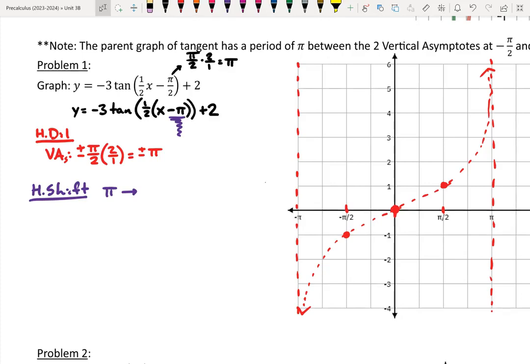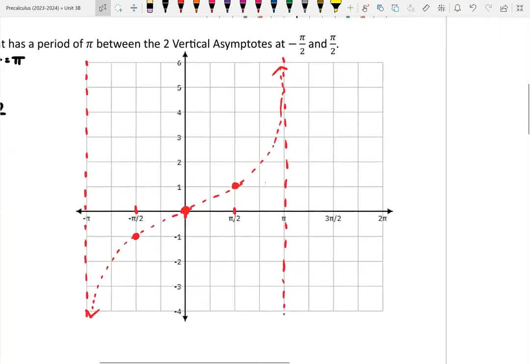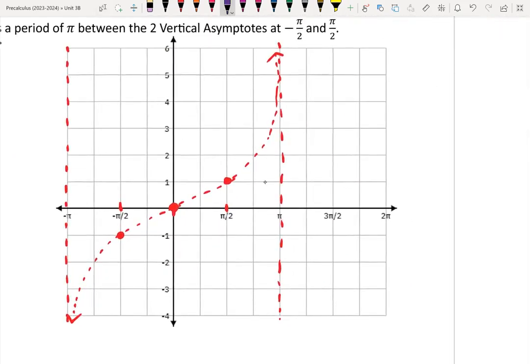Everything's going to shift right by pi units. Based on the grid, how many spaces is that for pi? 4 spaces, right? So we're going to go ahead and just move everything 4 spaces, including my vertical asymptotes. So vertical asymptotes get moved. And all our points get moved. And let's dot in that graph.